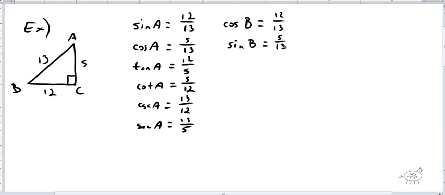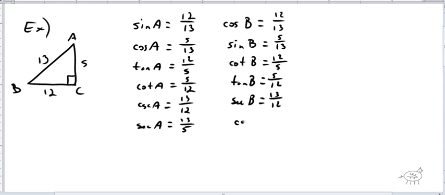5/13. And then cotangent of B is 12/5, and tangent of B is 5/12. Again, just reciprocals. Secant of B is 13/12, and cosecant of B is 13/5.